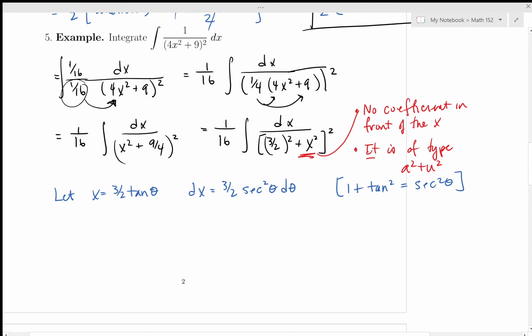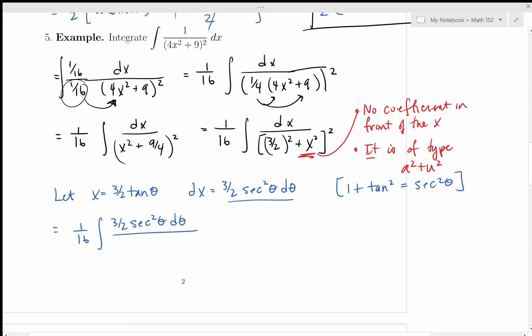This becomes equal to 1/16, and then the integral will be, let's look in the numerator, we have dx. So dx is going to be replaced by 3/2 secant squared theta d theta. And then let's look in the denominator.